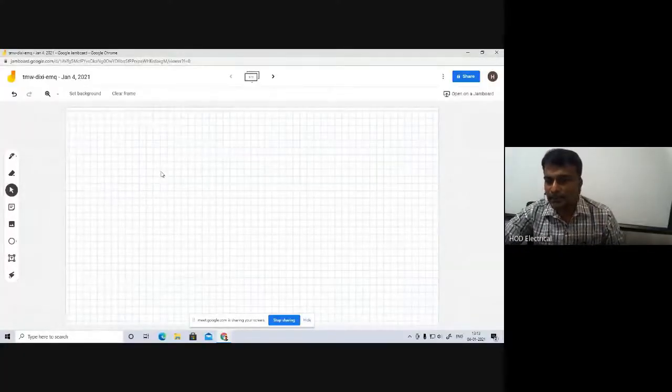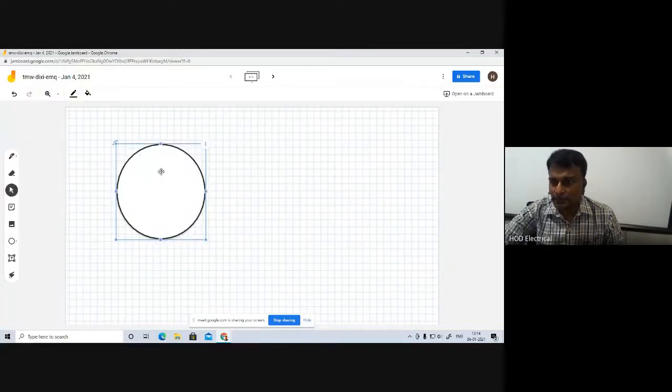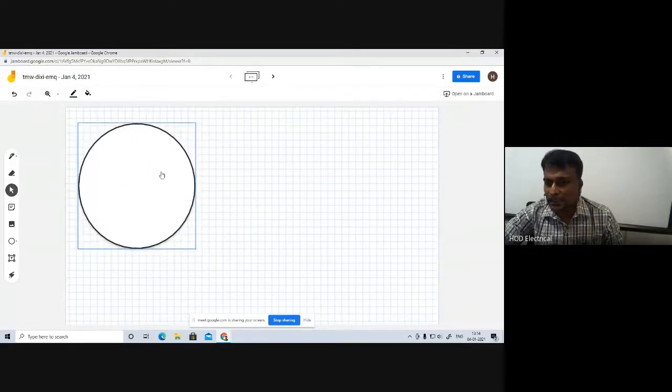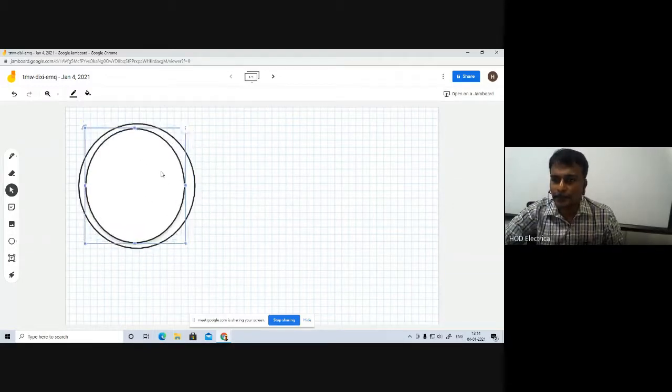Assume that there is a stator, and the stator obviously has the air gap. This is the stator.